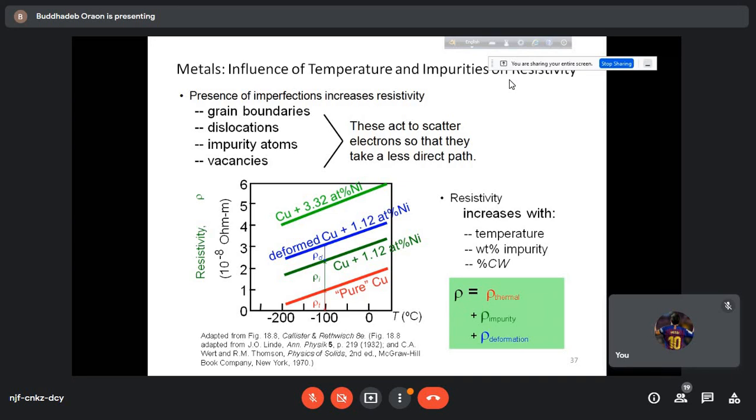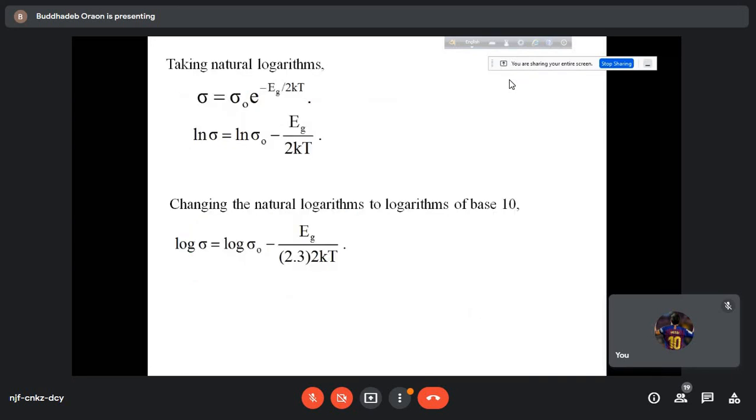The total resistivity can be, there are other components of resistivity. So this is the equation I was telling. This equation can be used for intrinsic type of semiconductor to relate the conductivity, energy gap, and also temperature. So this is the equation which can be used to calculate the energy gap.